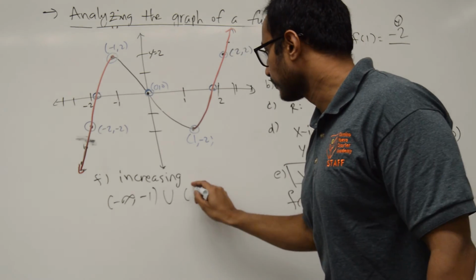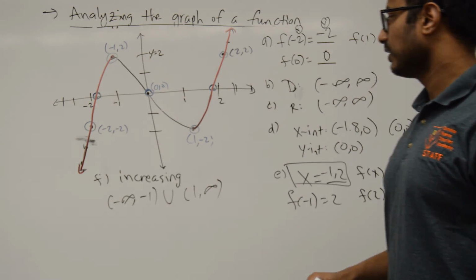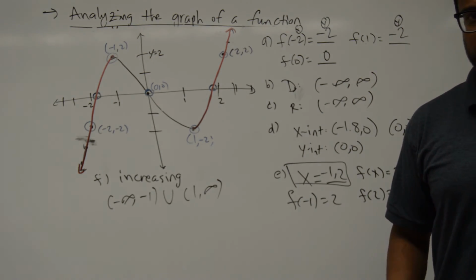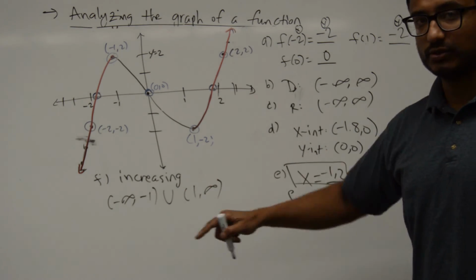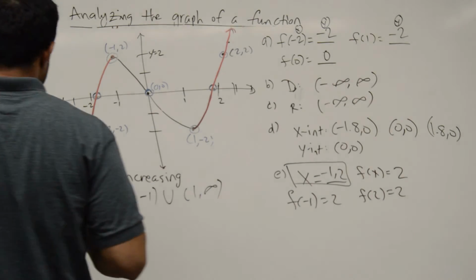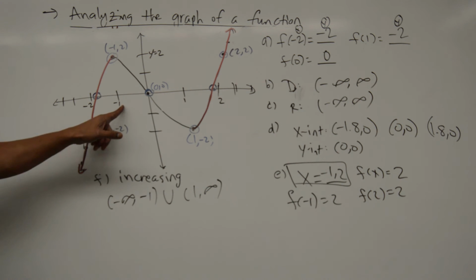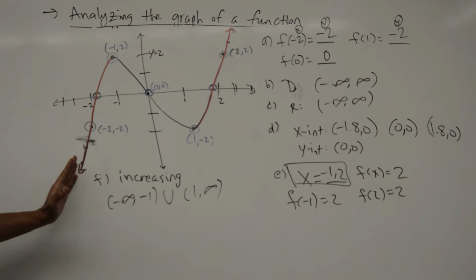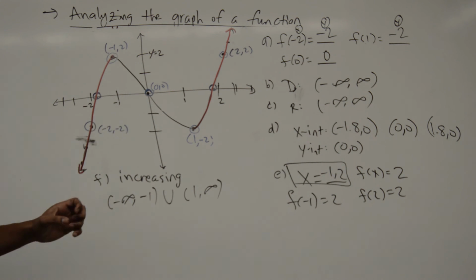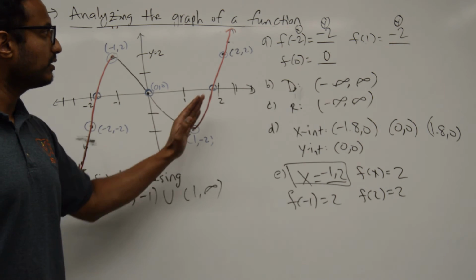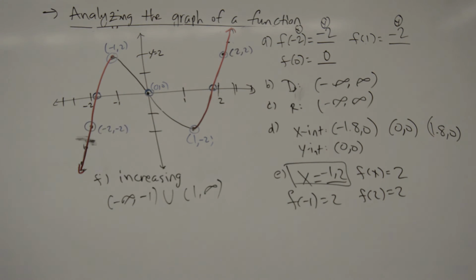So from 1 to infinity, the function is also increasing. Okay, so here's what this tells you. From x values of negative infinity to negative 1, the function is increasing. From the x values of 1 to infinity, the function is also increasing.